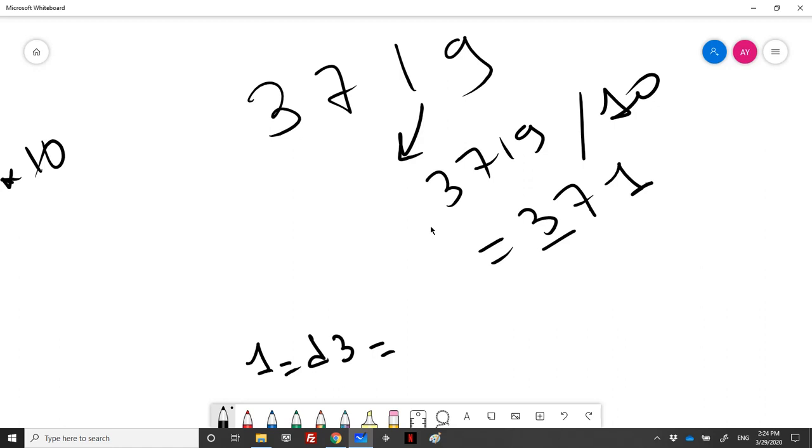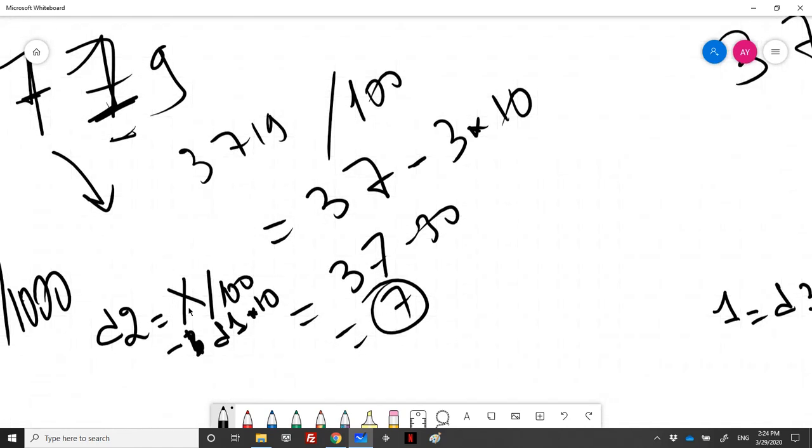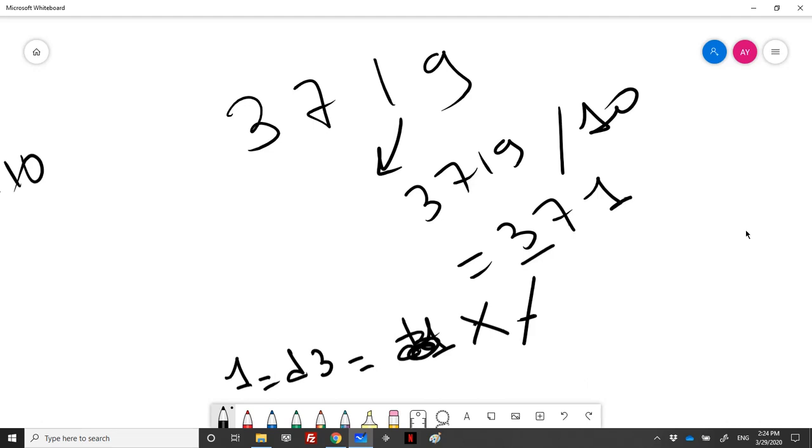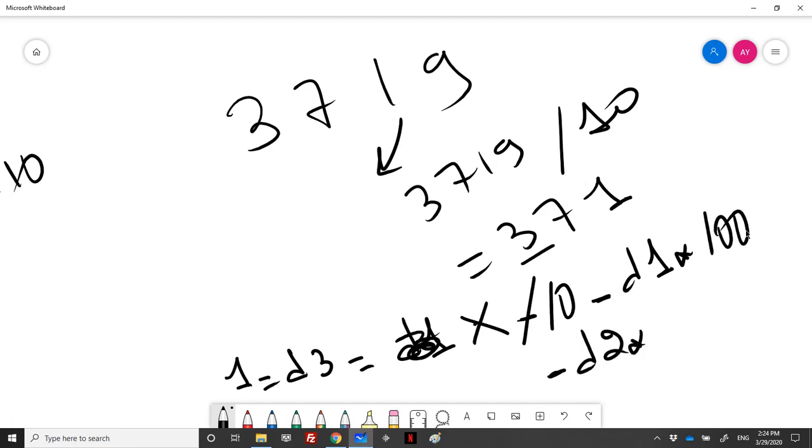It's equal to x over 10, so we get 371 minus D1 multiple 100 minus D2 multiple 10. So this one is 100 tens, and this one the digits. So this is the way to get D3.